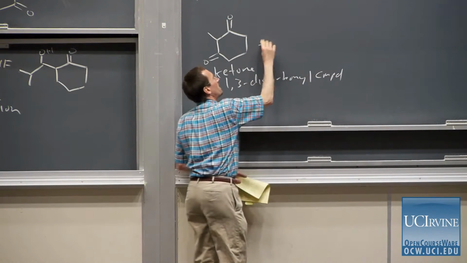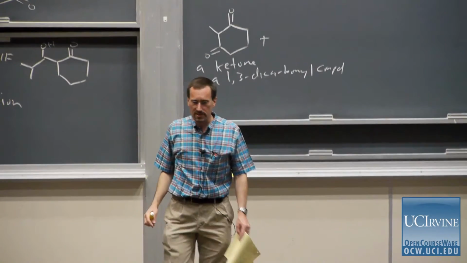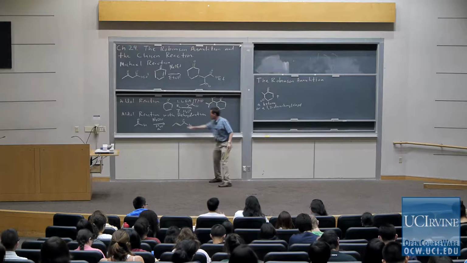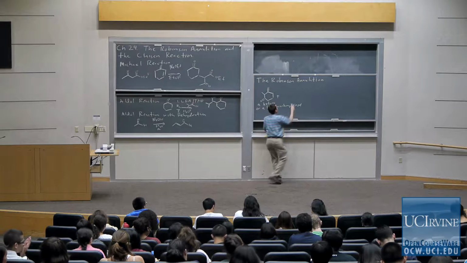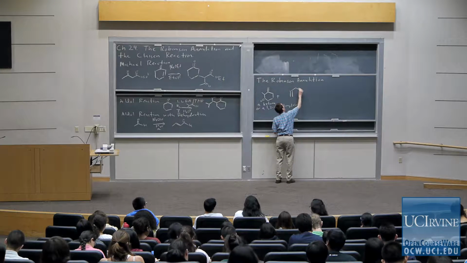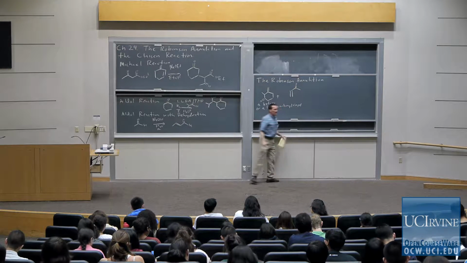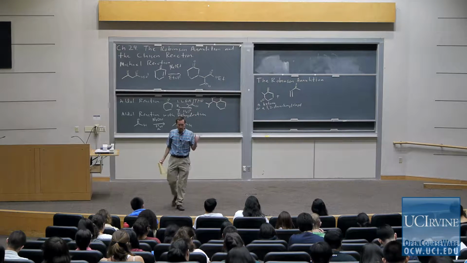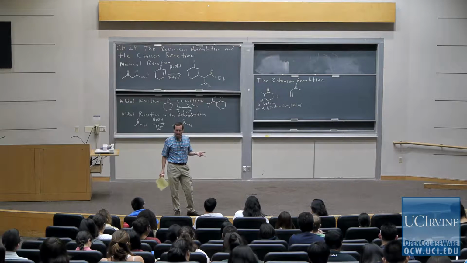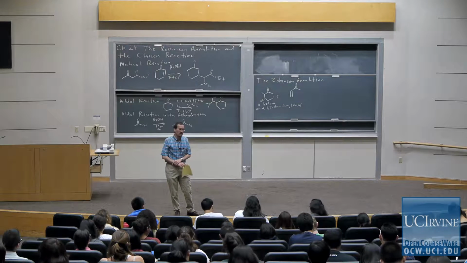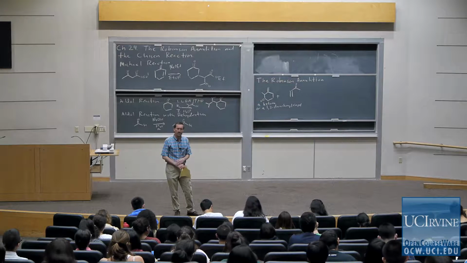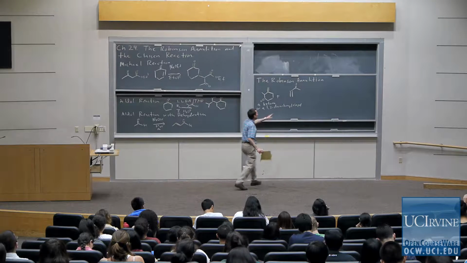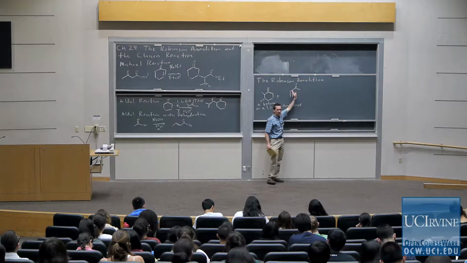And we're going to mix it with an alpha-beta unsaturated carbonyl compound. In other words, something very much like this over here. I'll start out, and this is kind of the archetypal example, with this ketone. I suppose its IUPAC name is 3-buten-2-one. Every practicing organic chemist who does a Robinson annulation will call this methyl vinyl ketone, a nickname because you have on one side of the ketone a methyl group and on the other side a vinyl group.